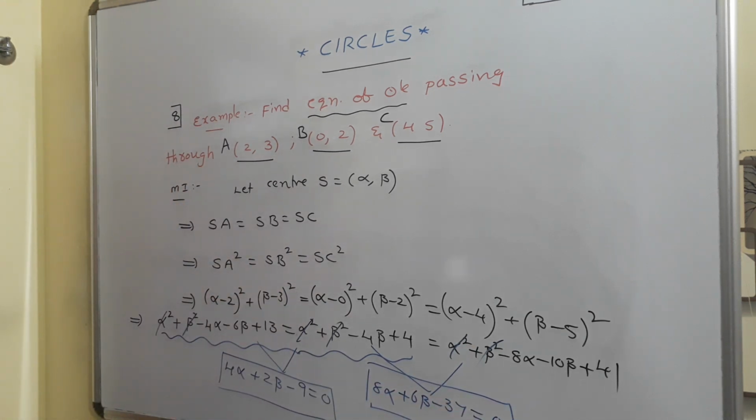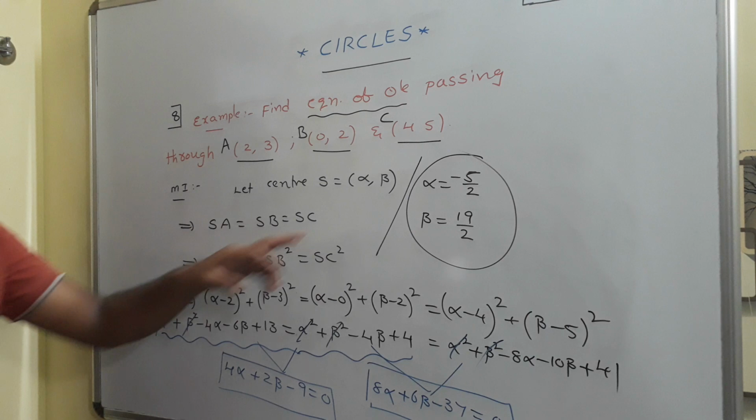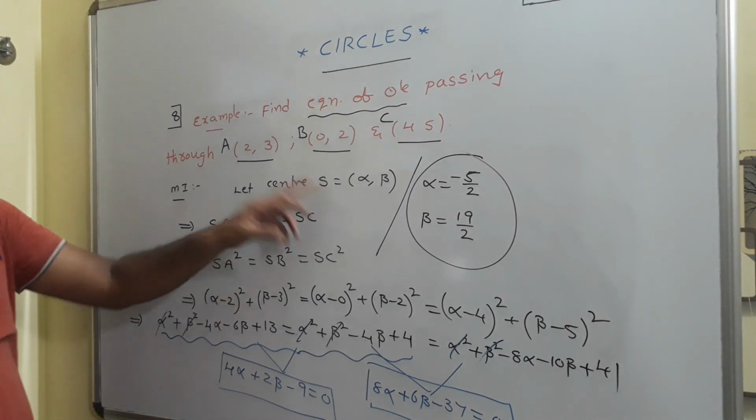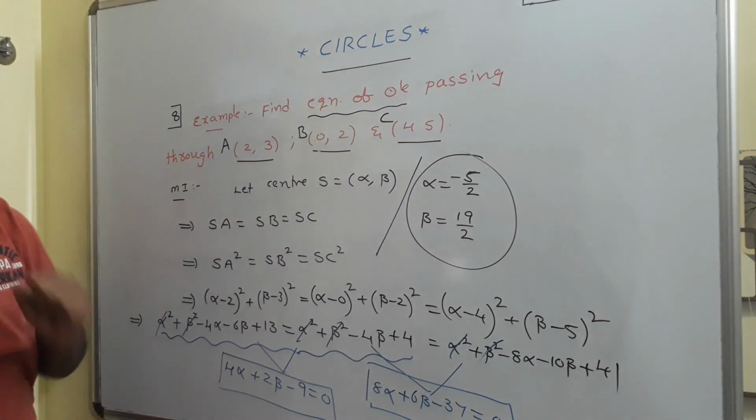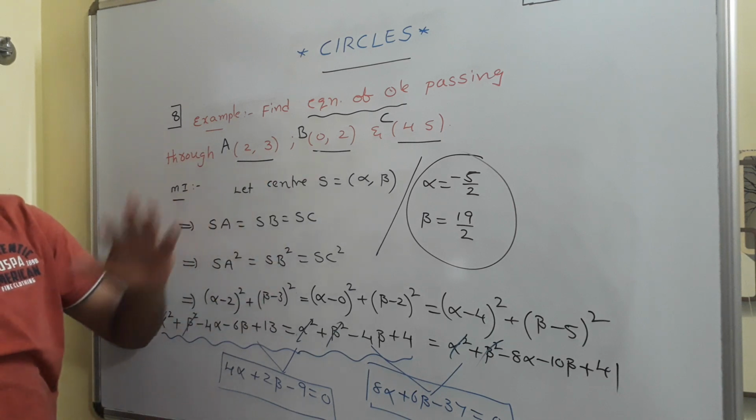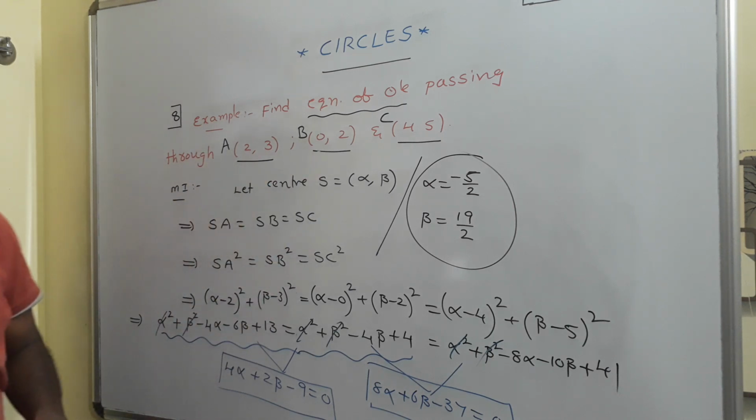We need to solve these two to get alpha and beta. After proceeding in such a way, taking the center as alpha beta and SA equal to SB equal to SC, on simplification we have alpha value minus 5 by 2, beta value 19 by 2.